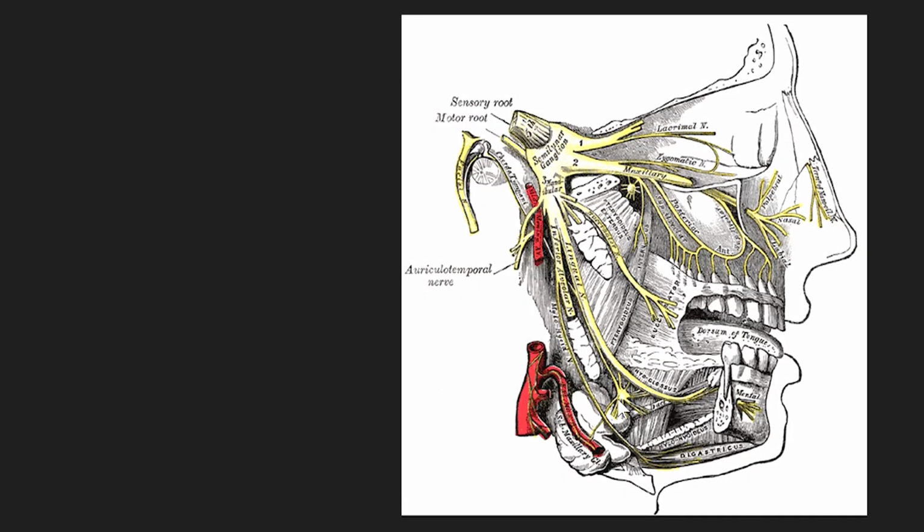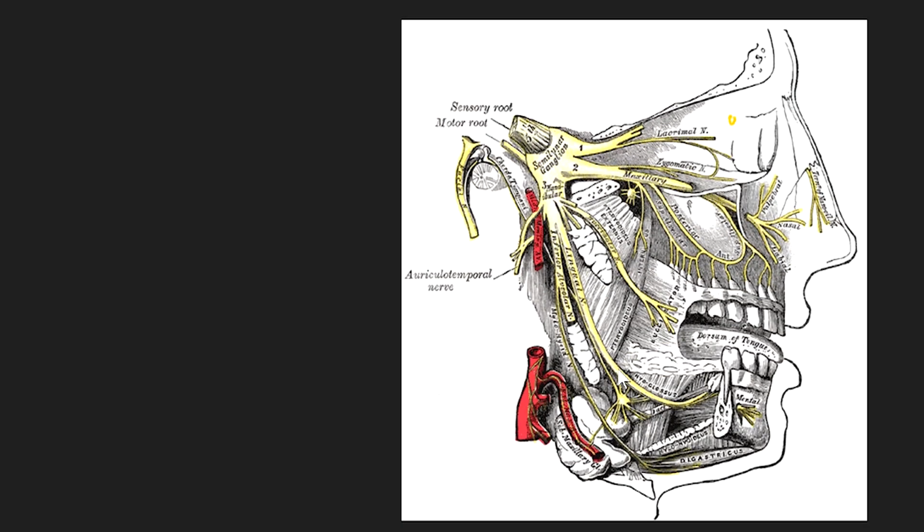the ciliary ganglion, which controls the sphincter pupillae, with sympathetics via V1, and parasympathetics via the 3rd nerve. Then we've got the otic ganglion. That's the one that's kind of oft overlooked.